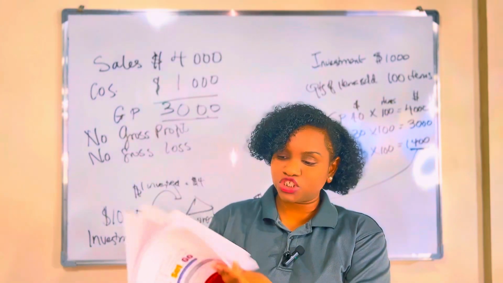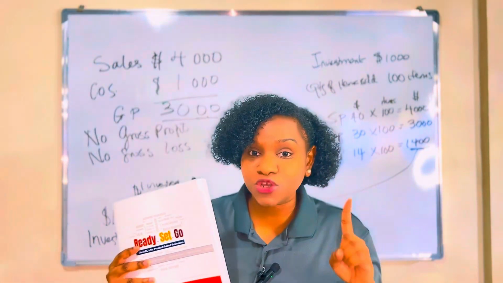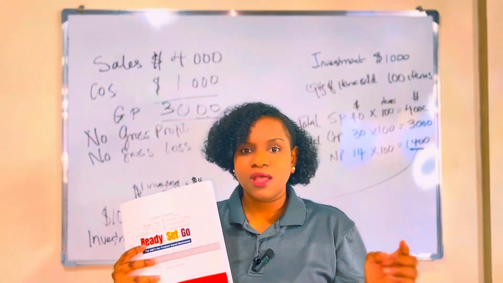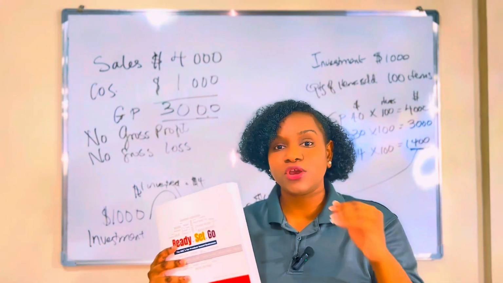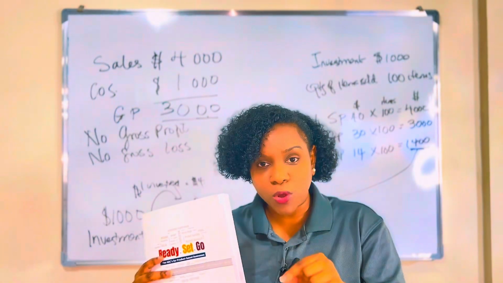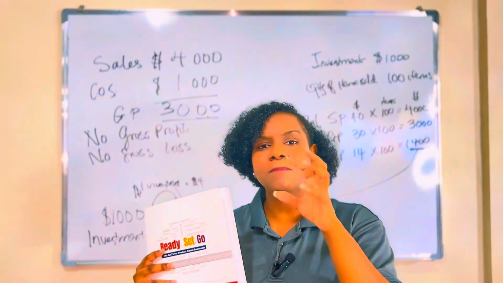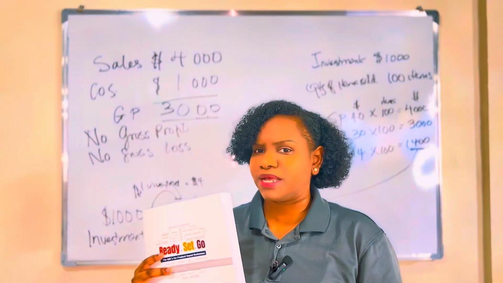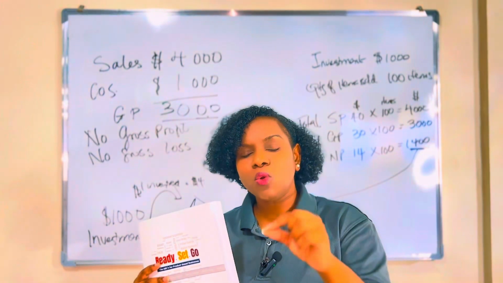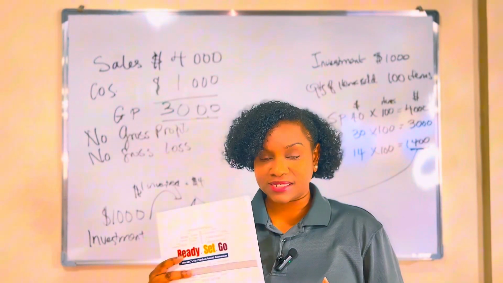In chapter 7, I went into great detail on how to price your product for profit, how to monitor and manage your expenses, and report on your net profit or loss, how to continuously manage your return on investment to ensure that you are always making a huge return in your business.